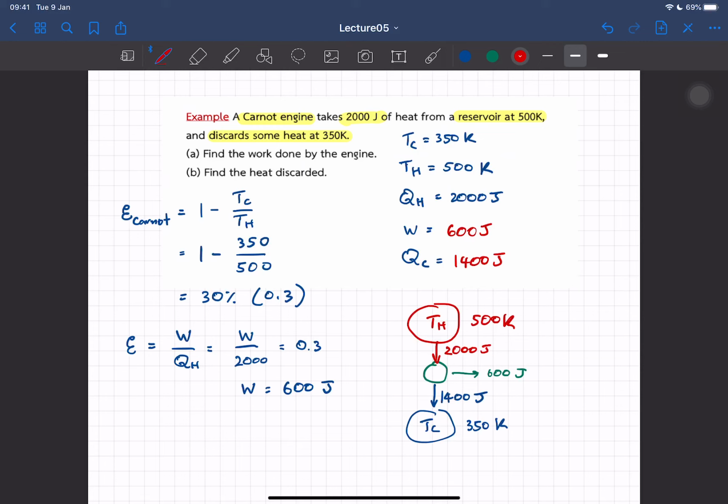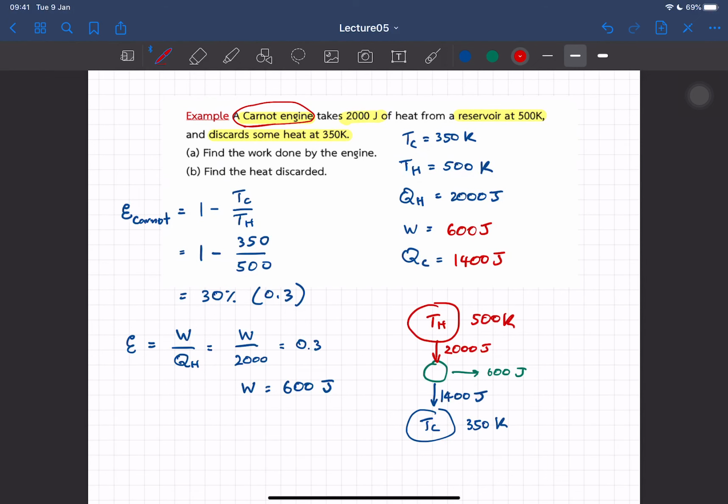All right, so again, my suggestion is that when you see the term Carnot engine in the problem, just highlight it and then you know you can use this formula here. Okay, so before we finish, let me mention just one small thing. This is a Carnot engine, which is a heat engine.